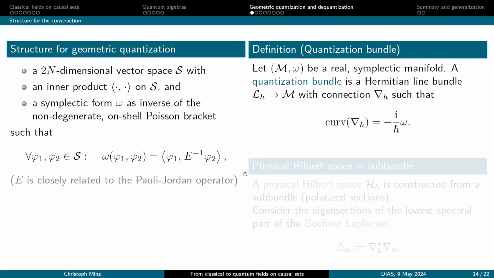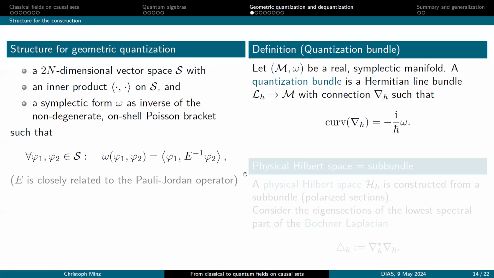And you say that it is closely related to Sorkin-Johnston? Yeah, because the Pauli-Jordan operator, as we constructed before, was an operator on the off-shell algebra. So we had the Poisson bracket on the off-shell algebra, but we need to quotient by the kernel of E first, and then we get a corresponding operator on this.